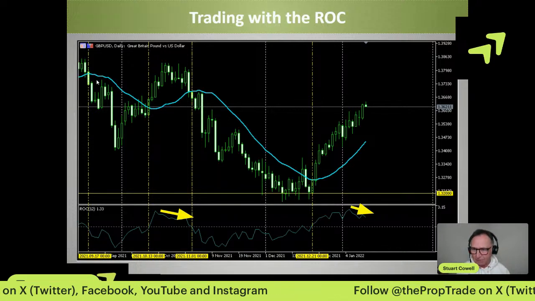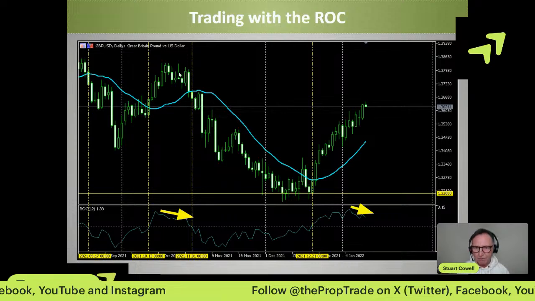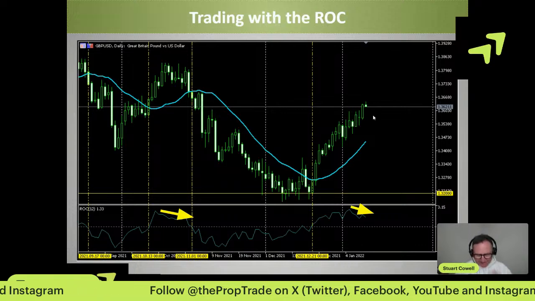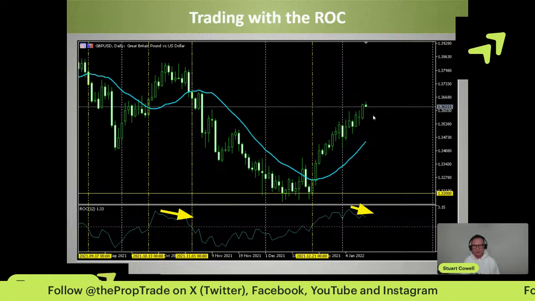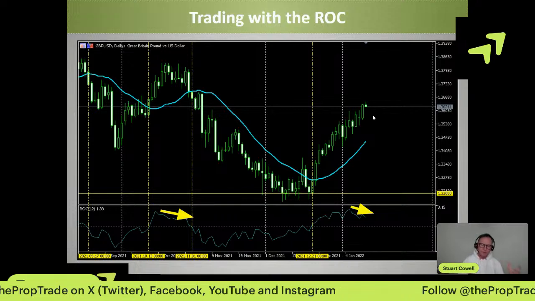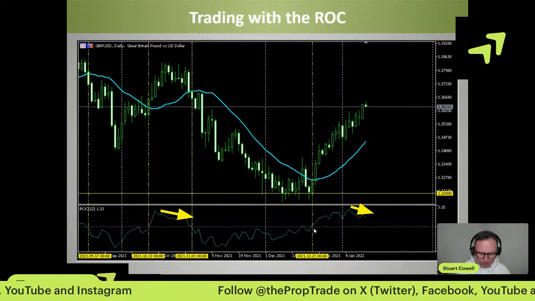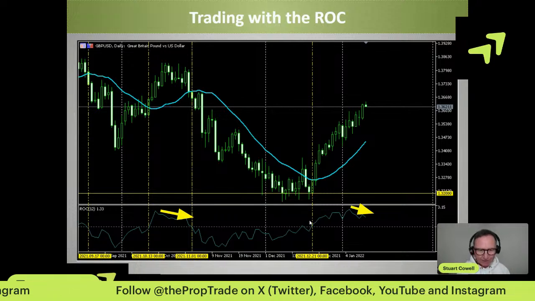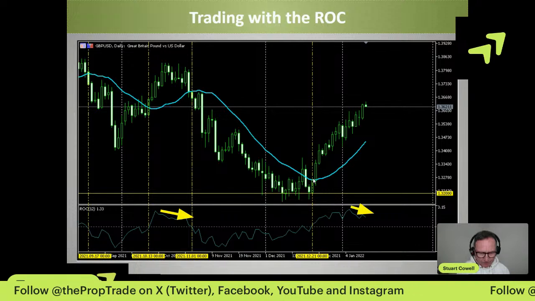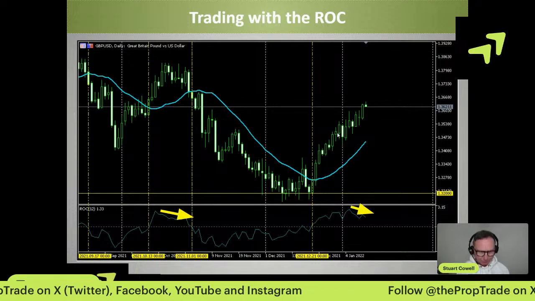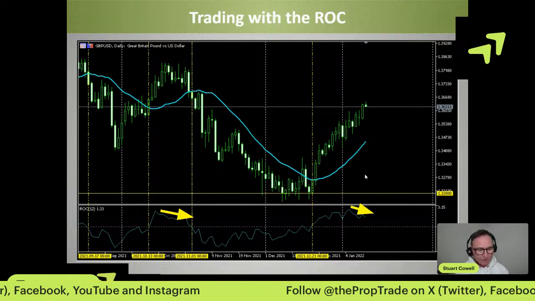If we've got, as we can see here, moving down, moving up, moving down, moving up, we need volatility. That's what the rate of change is by its very nature, rate of change, and that's what it's counting. So you see here, a break of the zero line, and you might want to buy there. How high is it going to go? Well, let's say it's unbounded.